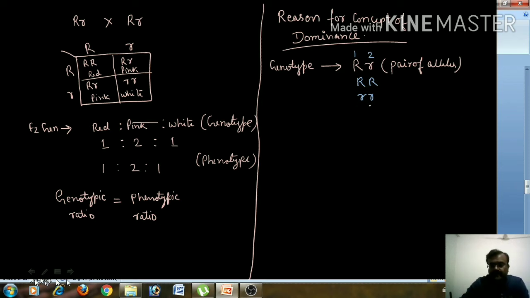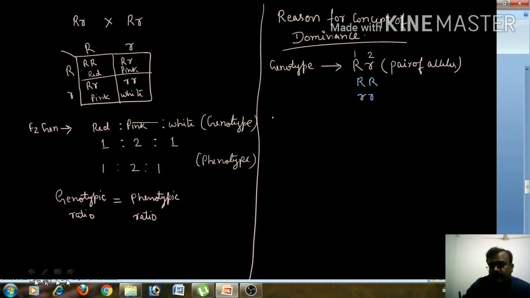Now, why is a phenotype shown by a particular genotype? Now, let me explain to you. This is the genotype.